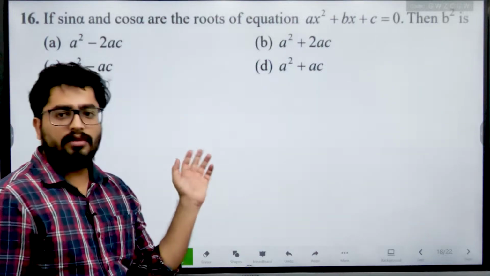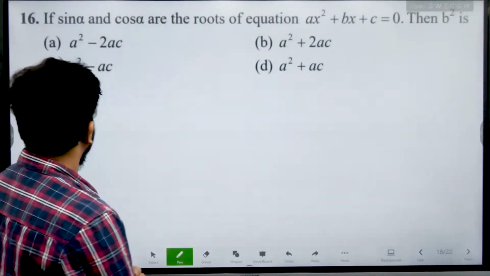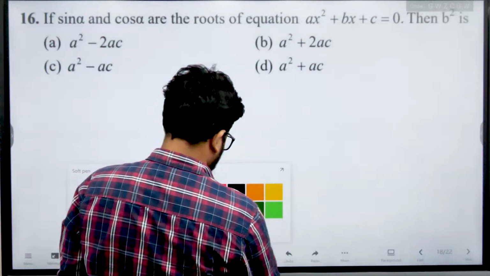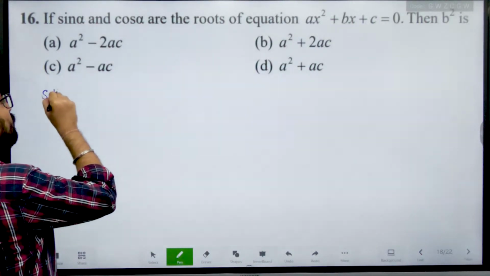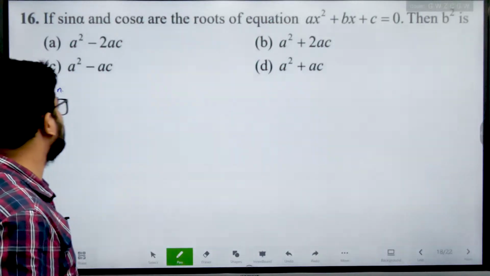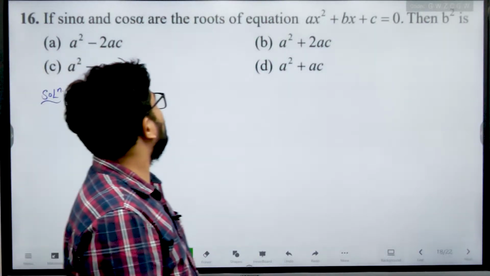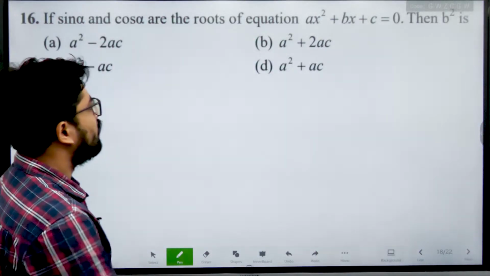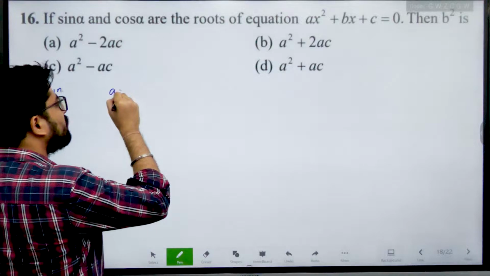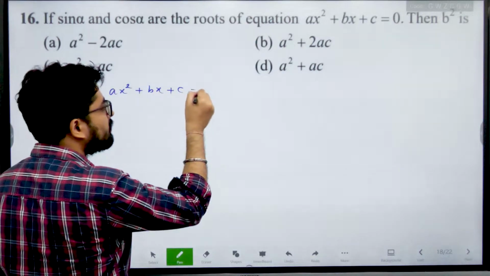Now your questions belong to your revision portion. Let's discuss the 16th question, the first question from your revision section. We are given that sin alpha and cos alpha are the roots of the equation ax square plus bx plus c equal to 0.